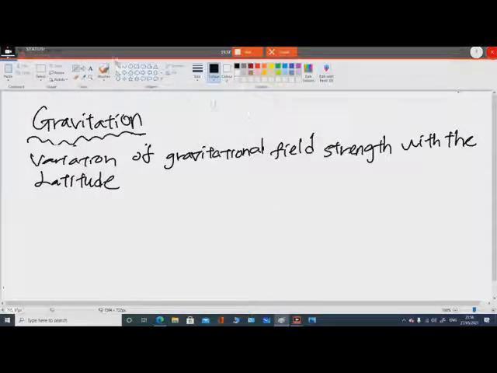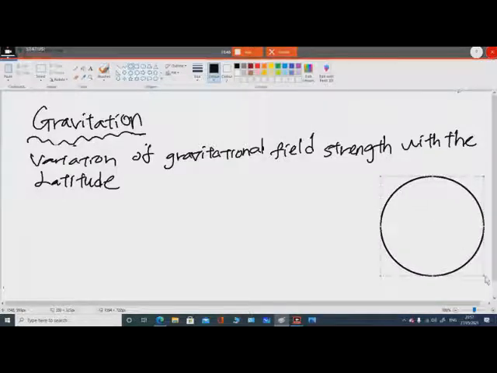Consider we have our Earth here. Let me draw all the components that are needed. This is our equator, which lies in the middle of the Earth.